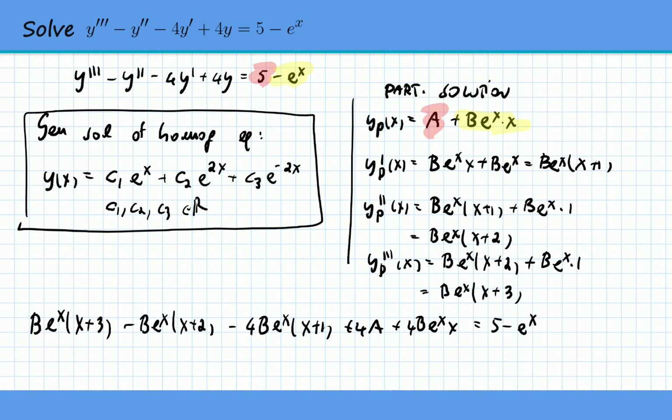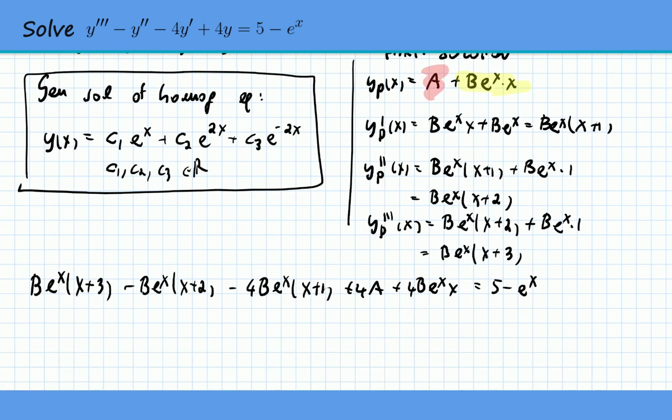So let's group together the terms with e to the x. So let me factor from these terms b e to the x. Okay, the first one gives me an x plus 3.